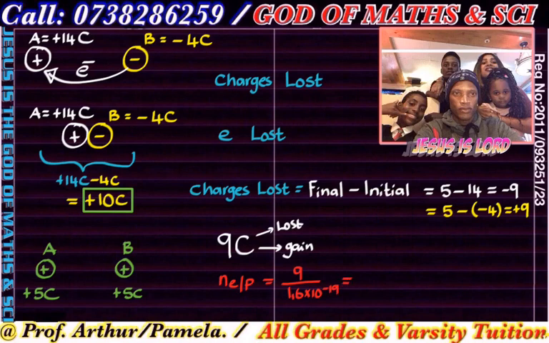Let's use our calculator. I believe we are getting 5,625 times 10 to the exponent of 19. Then it depends. If the question asks how many electrons, you say electrons. If they say how many protons, you say protons. It's the same answer for protons and electrons.